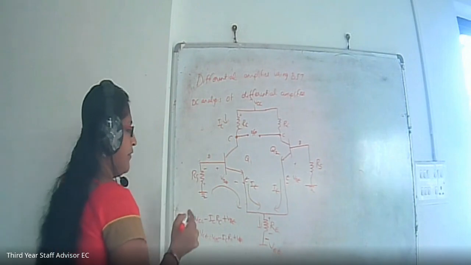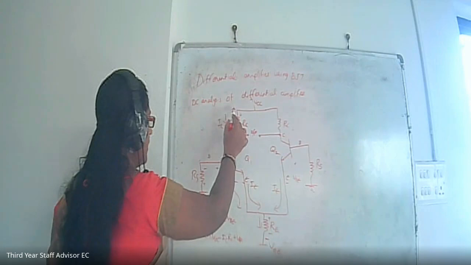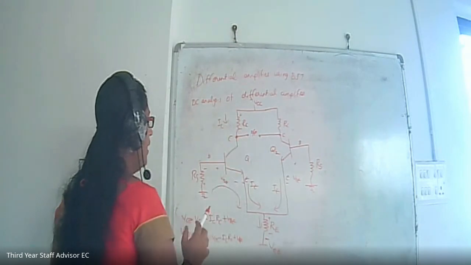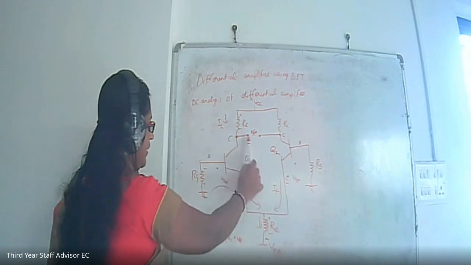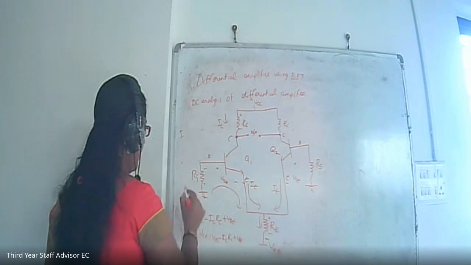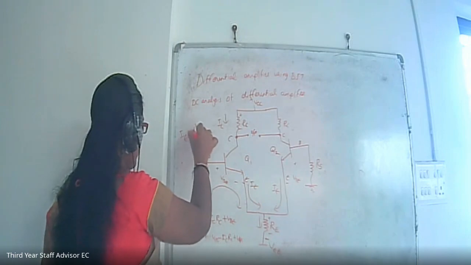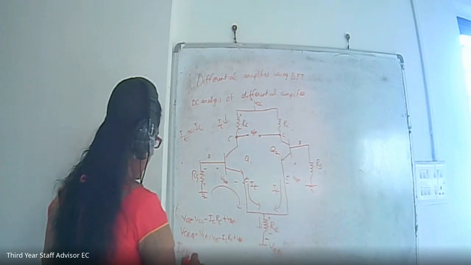For that we are considering two loops: one is the base emitter loop and the second is the collector base loop. We write two KVL equations, one in each region. As a result we get the IE value, and we can make the approximation IE approximately equal to IC. So the quiescent operating current ICQ is approximately equal to IE.